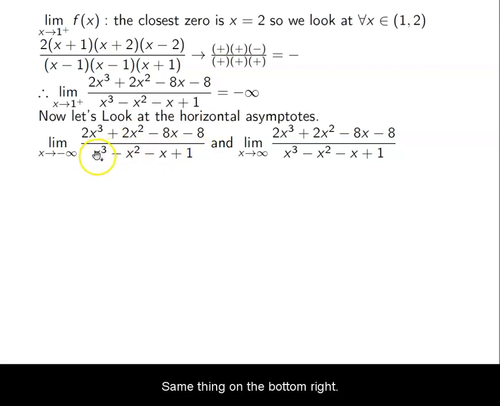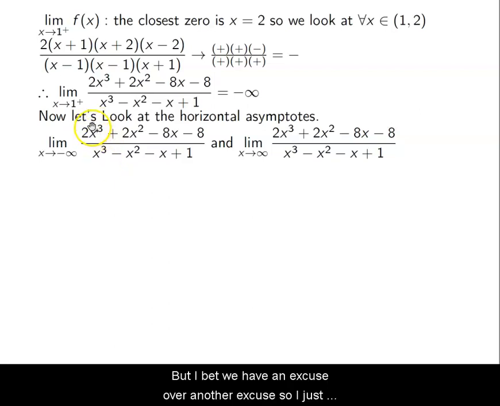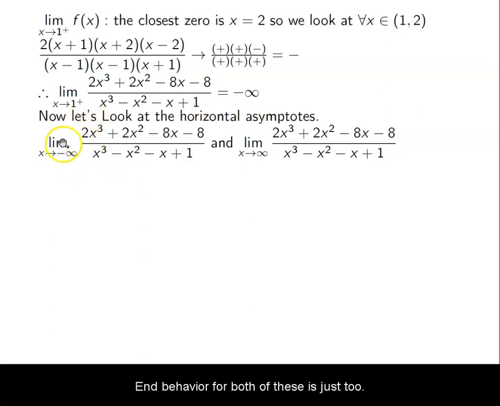Same thing on the bottom, right? Both of these x cubes grow at the same rate, and they outgrow these other terms very, very quickly. But I basically have an x cubed over another x cubed, so I just look at the ratios of their leading terms. So the end behavior for both of these is just 2.